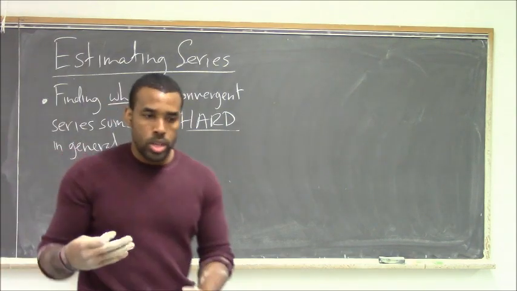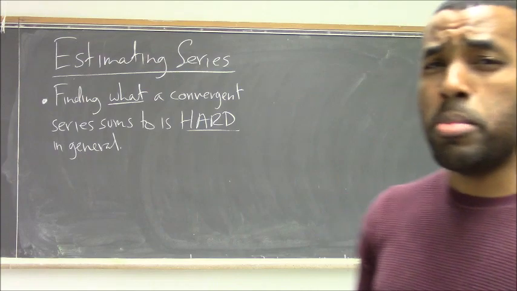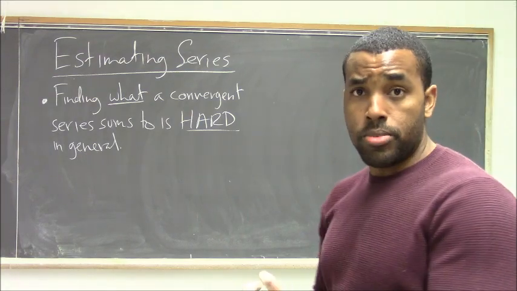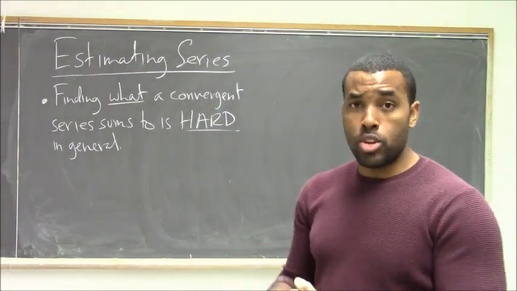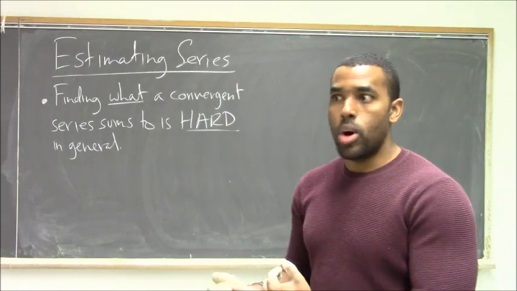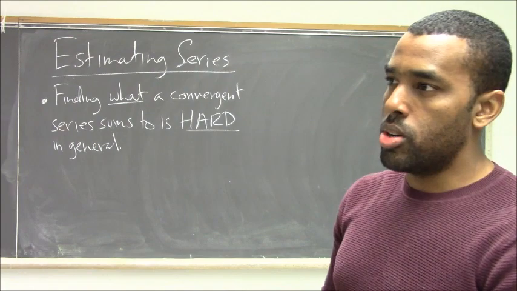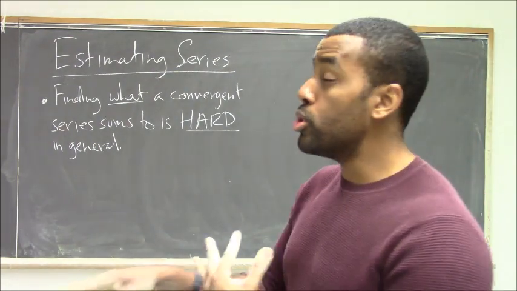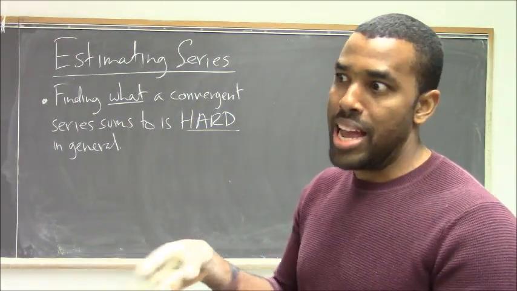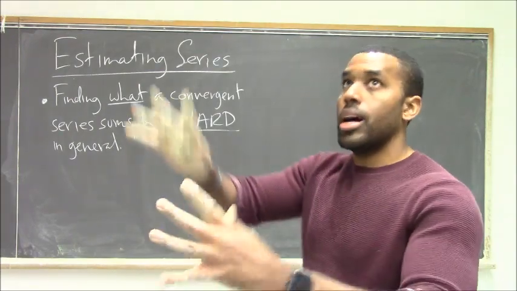There were exceptions to this. We know for the geometric series, we actually know how to figure out what it converges to. For a telescoping series, we know how to figure out what it converges to, provided it is convergent. But all the other series tests, you'll notice they don't tell us what it adds up to. They just tell us whether or not it adds up to something out there.